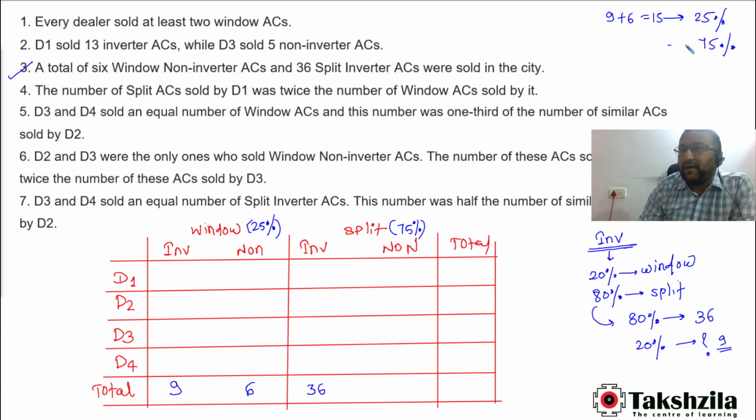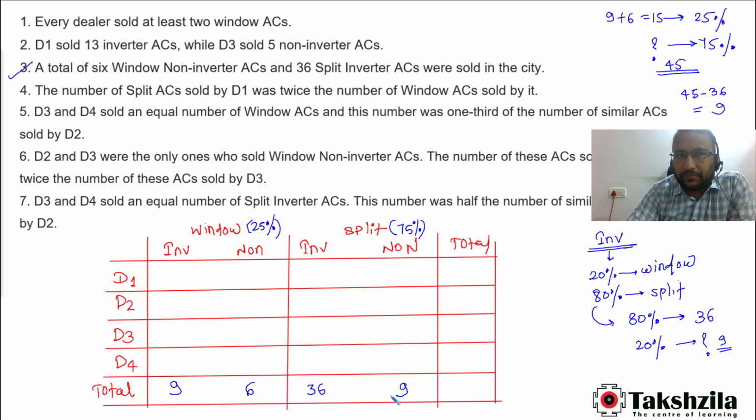If 25% is 15, 75% is going to be multiplied by 3, that is equal to 45. Total 45 split ACs are sold. Out of that 45, 36 are inverter and the remaining 9 are going to be non-inverter split ACs.